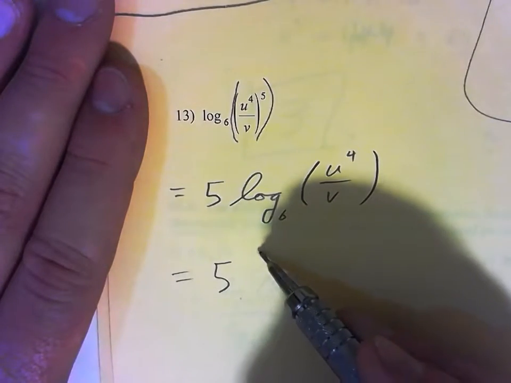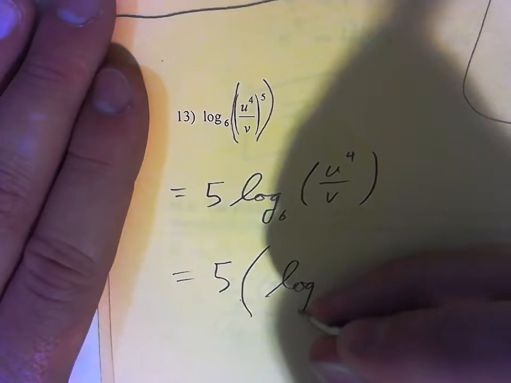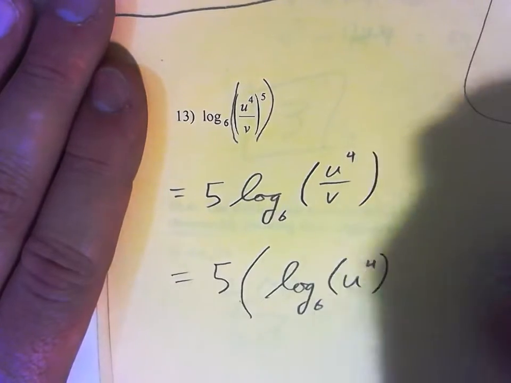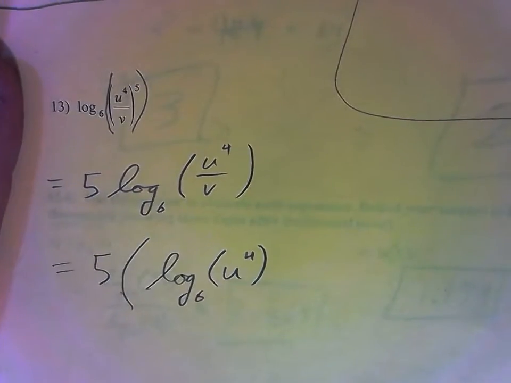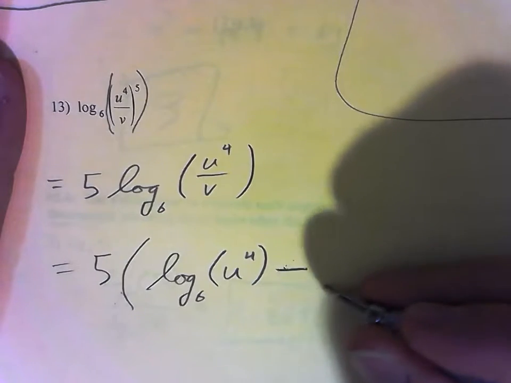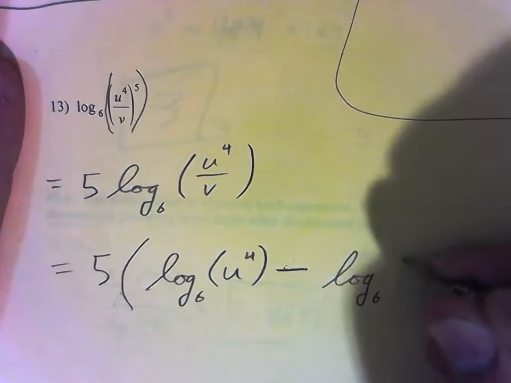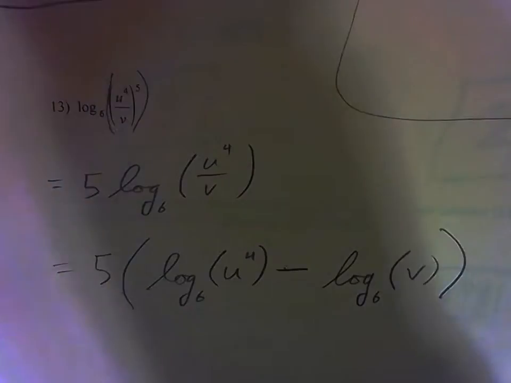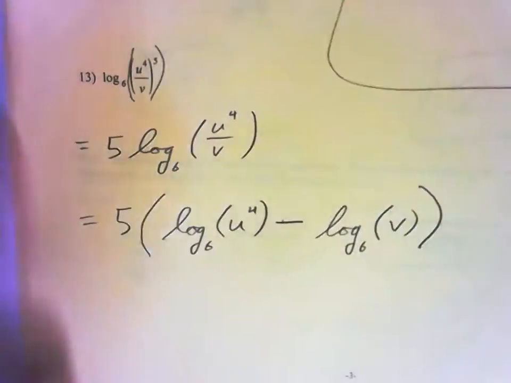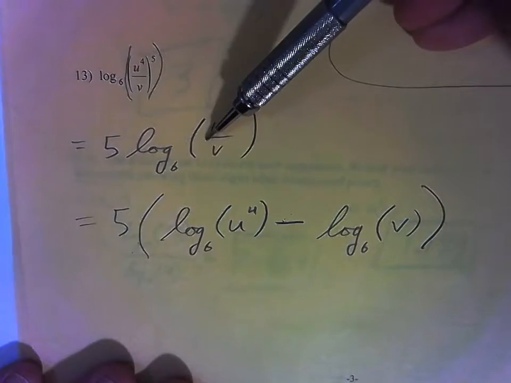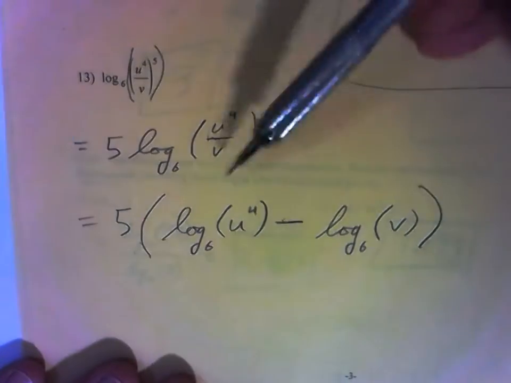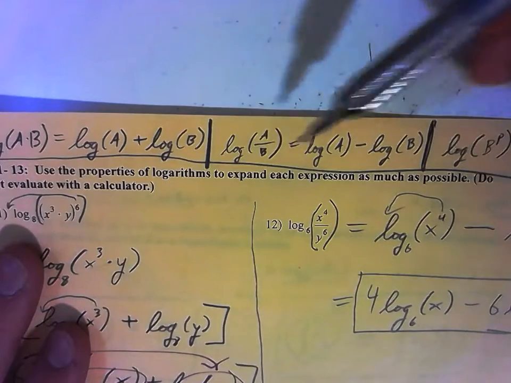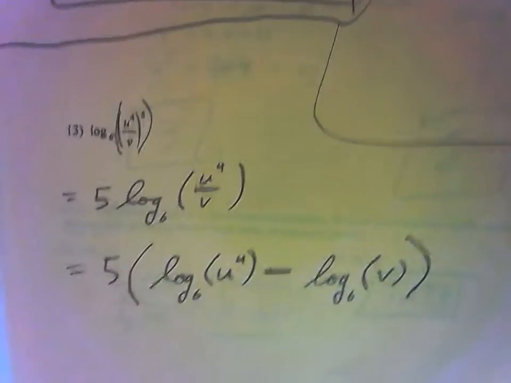Then that's going to be 5 times. Okay, so hopefully that makes sense. The quotient property, this guy right here, quotient becomes subtraction.